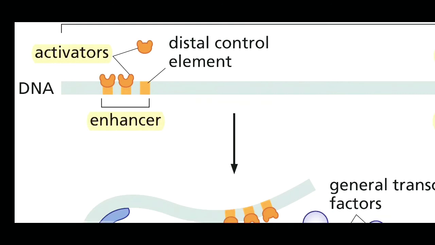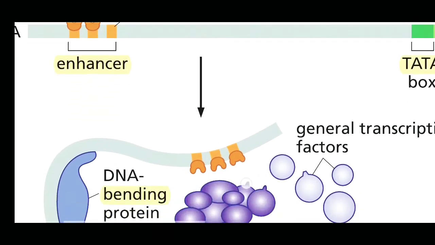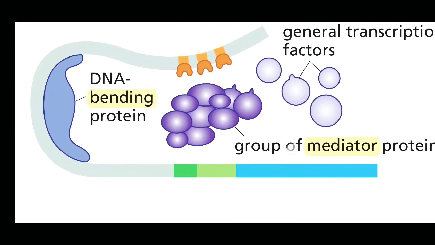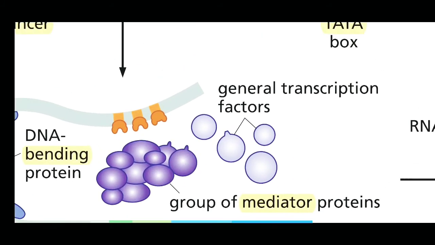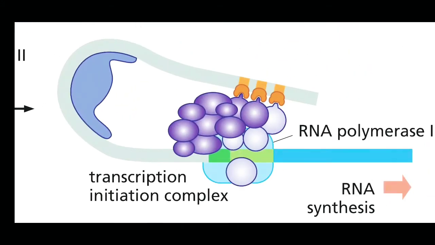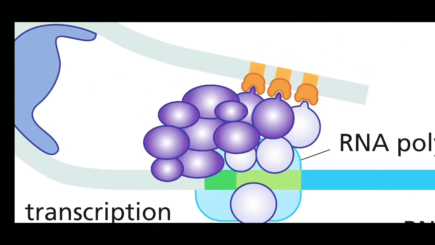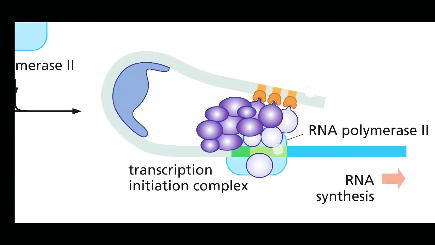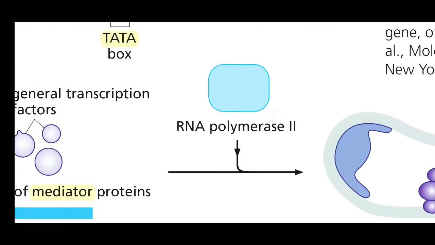So the activators bind with those enhancers, and after that, with the help of some mediator protein, it binds with your transcription factor. This looks something like this. So you can see this mediator protein, purple in color, binds with your transcription factor and your activator that binds with the enhancer and your promoter.